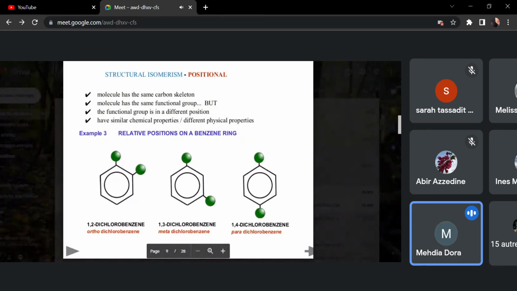We have ortho, meta, and para. These are three different ways to draw the chlorines on the benzene, and each is different from the others in physical properties. They have similar chemical properties, but are different. They are the same molecule but different in isomerism.